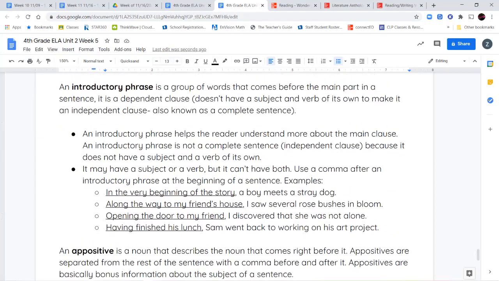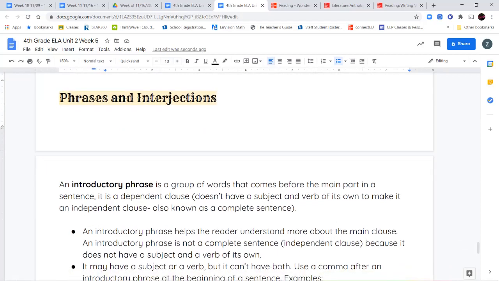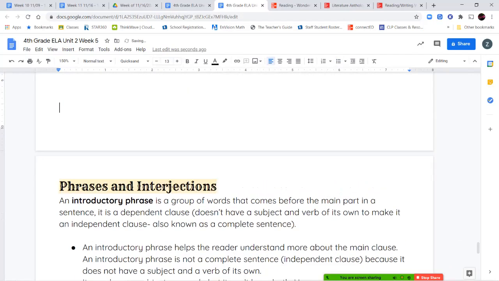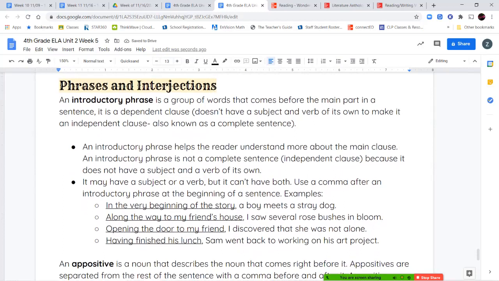And the last bit that we're going to talk about are called phrases and interjections. Now, an introductory phrase is a group of words that comes before the main part of a sentence, and it is a dependent clause. A dependent clause means it doesn't have a subject and a verb of its own to make it a complete sentence or an independent clause.